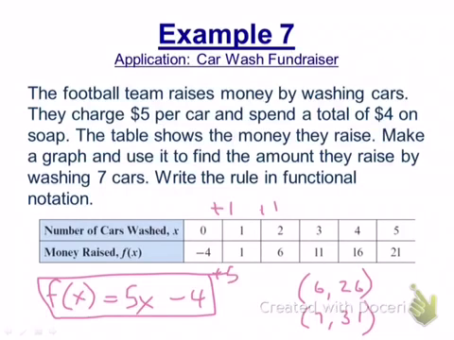Okay? This is a function, right? F of x equals 5x minus 4. Does everybody see where that came from? Because we know the slope is 5, and we know that the y-intercept is -4. Where x equals 0, that's the y-intercept. So b is -4. Zeros are very important.